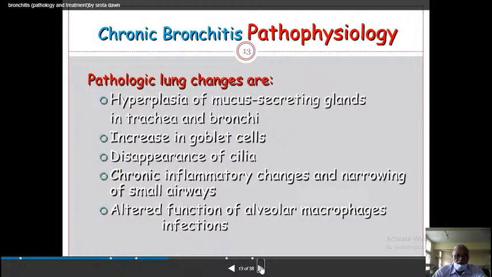Chronic bronchitis pathophysiology. The pathologic lung changes are hyperplasia of mucus-secreting glands in trachea and bronchi, increase in goblet cells, disappearance of cilia, chronic inflammatory changes and narrowing of small airways, and altered function of alveolar macrophages, infection.